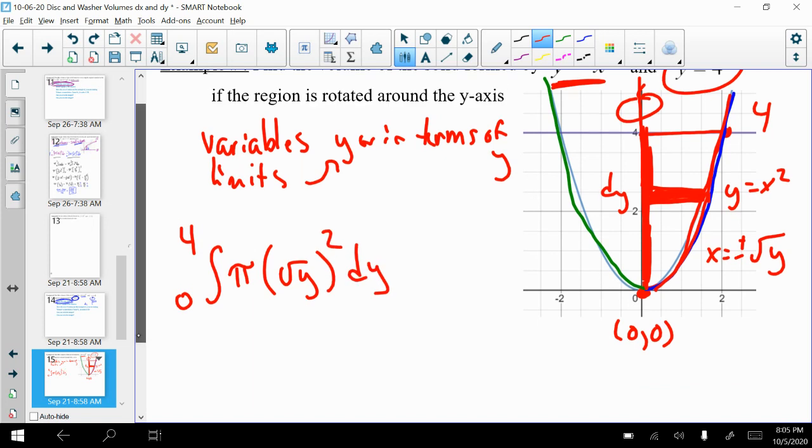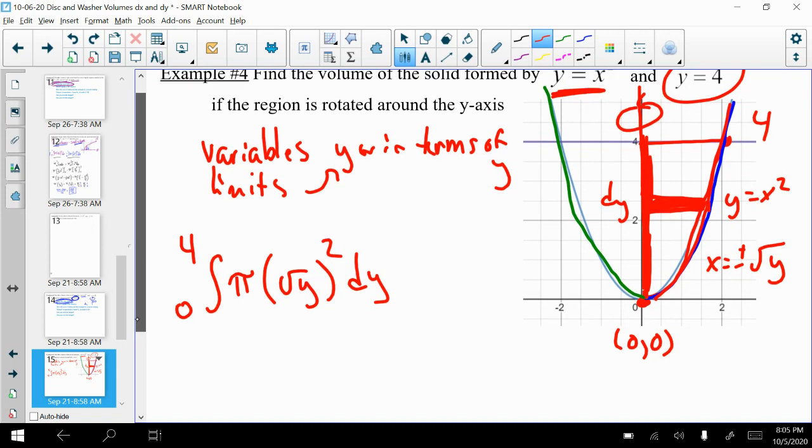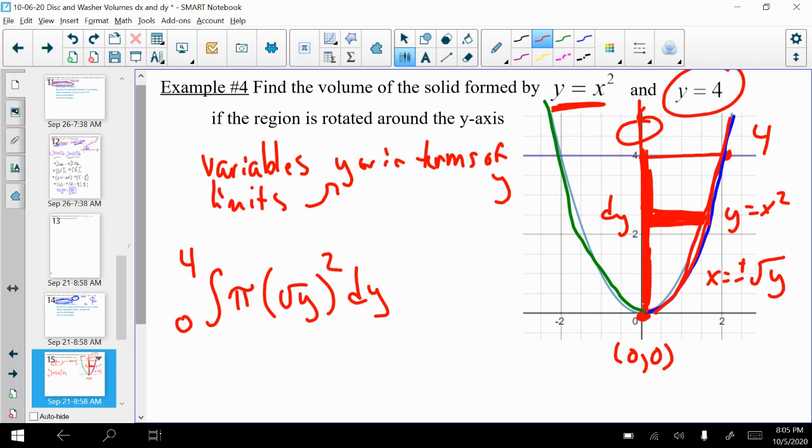And then it's easy peasy integral from here. So the question is, do we understand why this pi r squared r is the square root of y? Because r is this height between my axis of rotation and my function. Right, that's my r value. Okay, I'm gonna believe you.